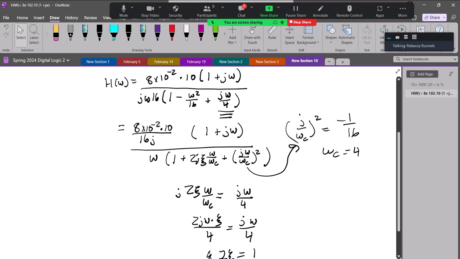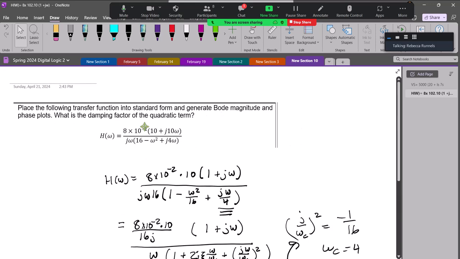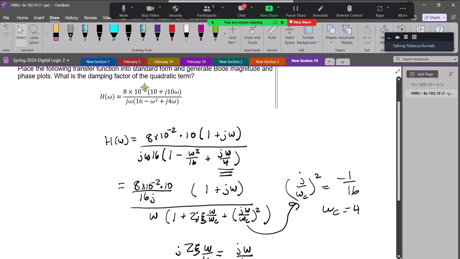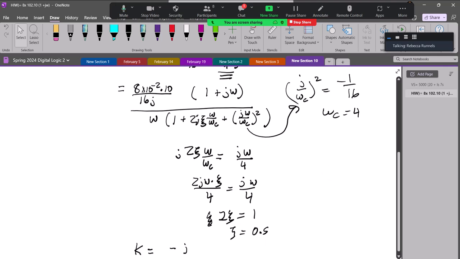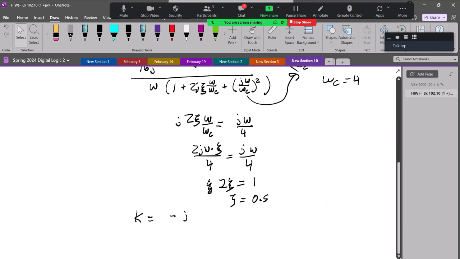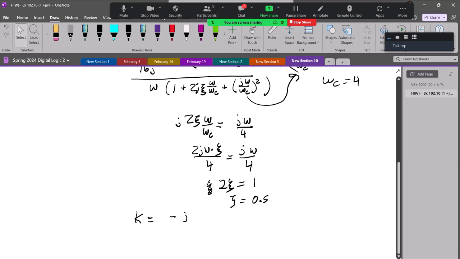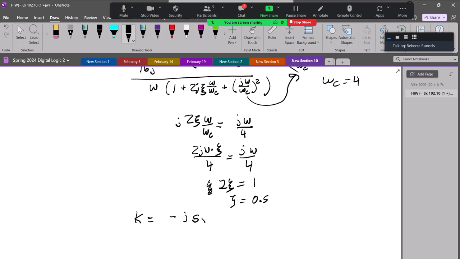So the pole at the origin is just the omega, not the j. The j goes with the top. So I would get minus j 5 times 10 to the negative 2.